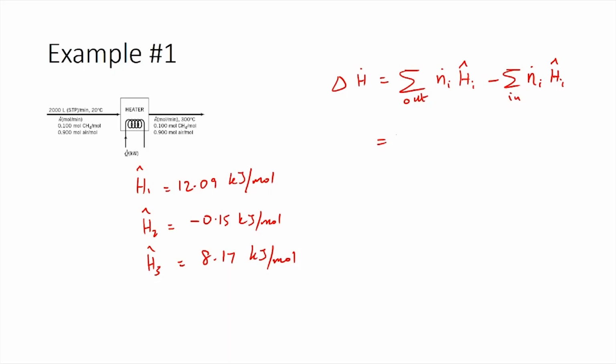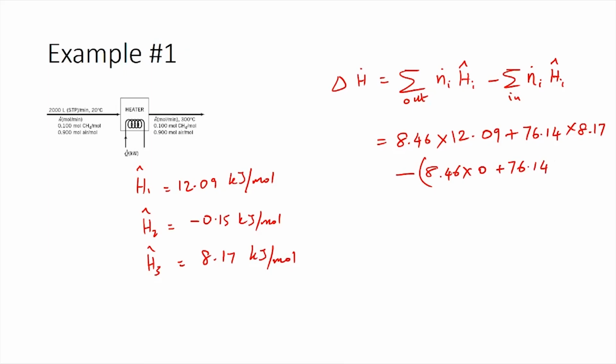So, the outlet is 8.46 moles of methane leaving with an enthalpy change of 12.09 plus 76.14 moles of air times 8.17, minus 8.46 times 0 minus 70 plus 76.14 times minus 0.15.